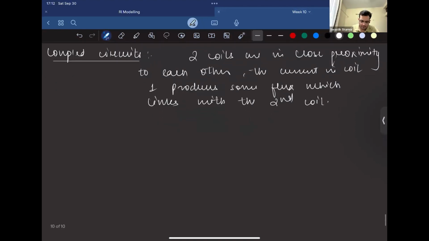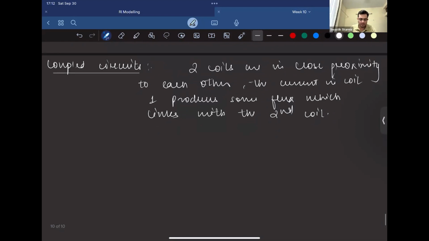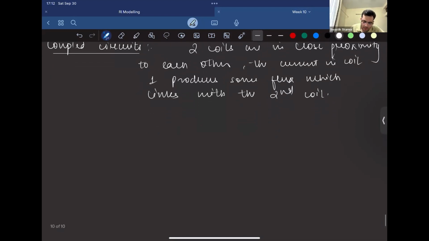So that's what coupled circuits mean basically. Generally this is used to transfer power. That's how magnetic coupling happens, right? You want to know how, if we energize one circuit, it would affect the other circuit too.